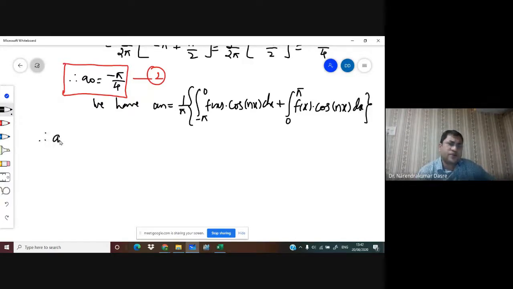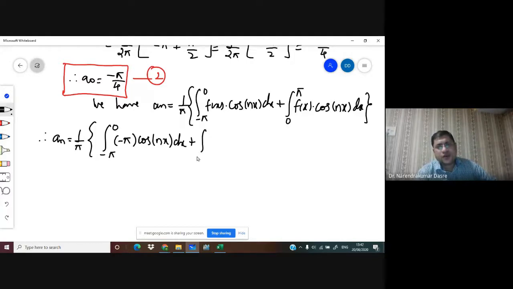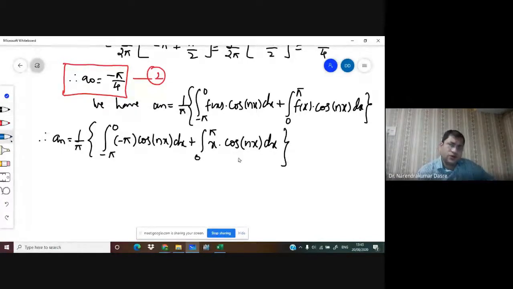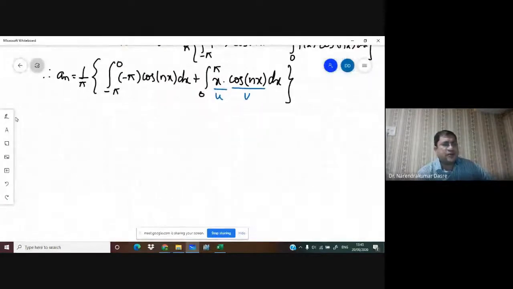Now what we have for an: 1 upon pi, minus pi to 0, we have minus pi here, and this is cos of nx dx, plus 0 to pi x into cos of nx. Here you have to use the u into v rule. In this integral minus pi is going to be constant, so it is easy to integrate.